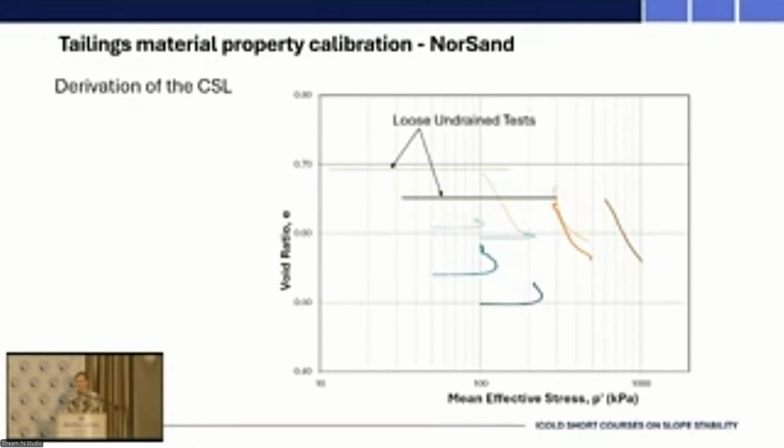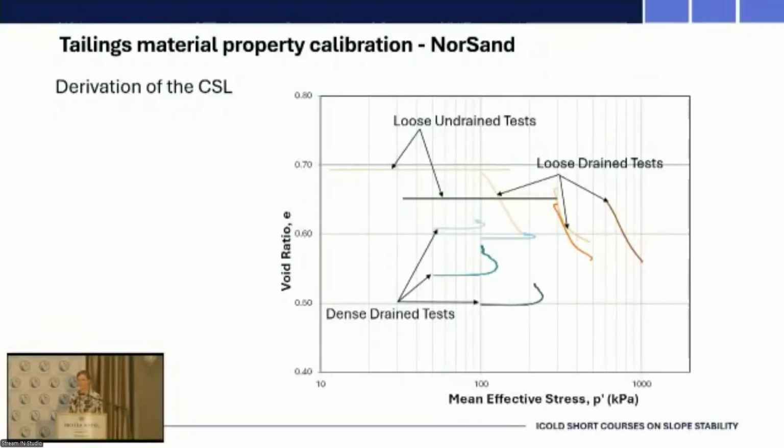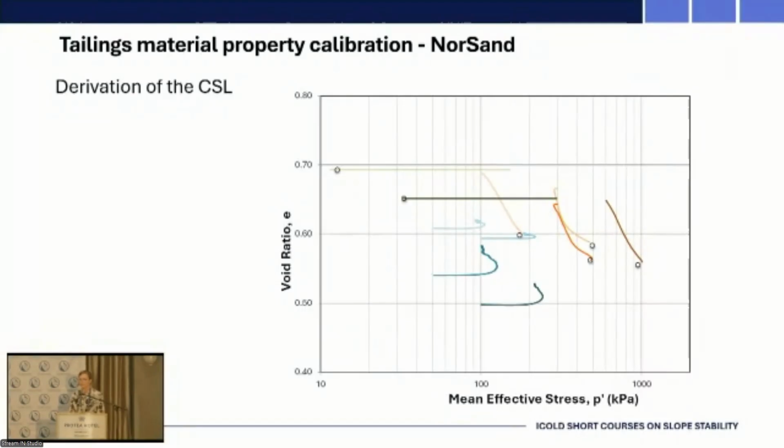We've got 2 loose undrained tests and 4 loose drained tests, and these are used in the derivation of the critical state line. We've also got some dense drained tests that we'll use to derive some other NORSAND parameters that I'll discuss in the upcoming slides.